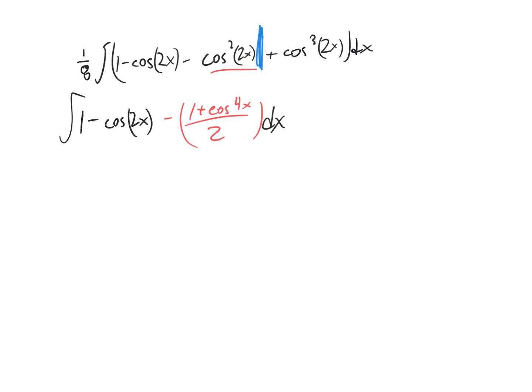So starting, let's just take the integral of all the pieces and then simplify afterwards. 1 just becomes x, minus cosine 2x is going to become sine 2x over 2, minus, we have a 1/2, that's going to be 1/2 x, and again, this is splitting this up, and then minus sine 4x over 8.